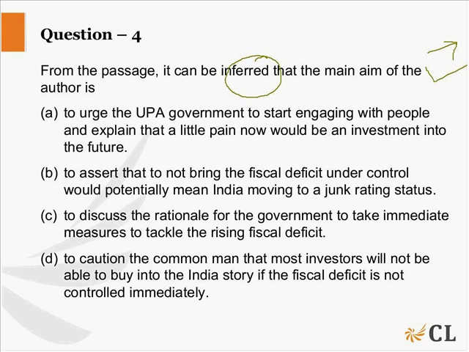The moment I see a main idea question, I have no scope for skimming and scanning, because I have to actually read the complete passage, otherwise I will not be able to come up with an answer. The clue to the answer in a main idea question is either in the first para or in the last para.